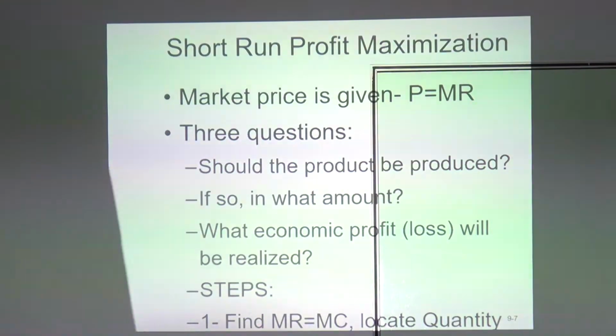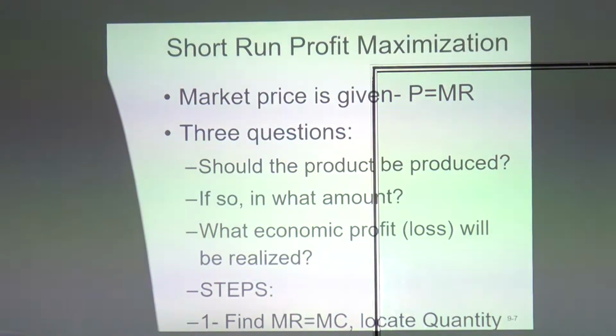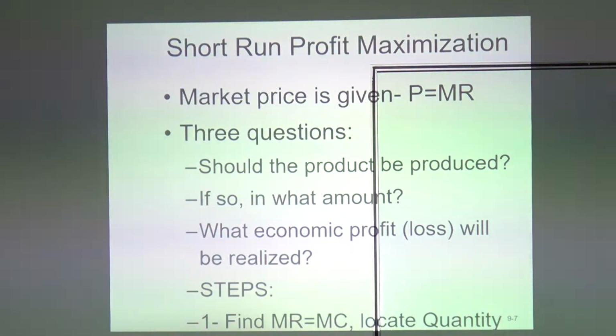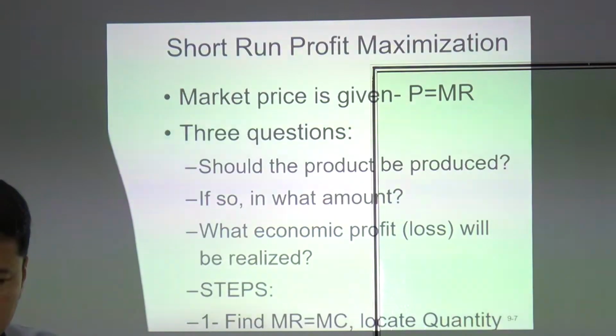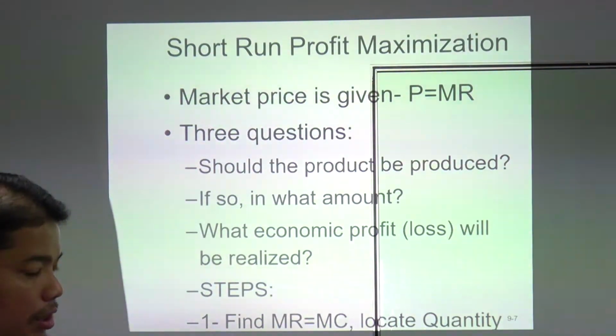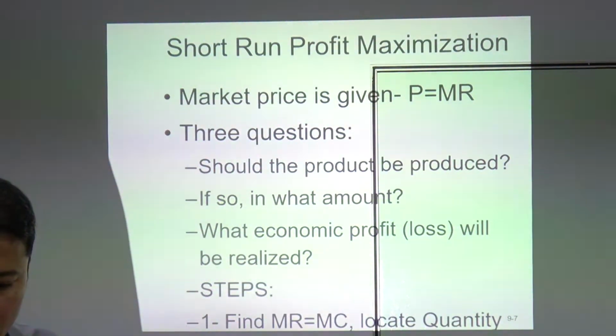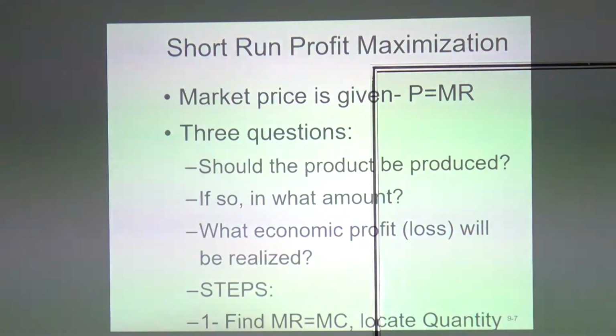Slide 7. Short run profit maximization, firm's market price given, P equals MR. Okay, now let's look at profit maximization. We have looked at the revenue structure of the firm, where the demand curve is also the marginal revenue curve, and it's also the average revenue or the price.